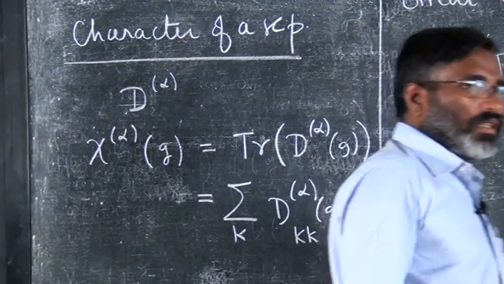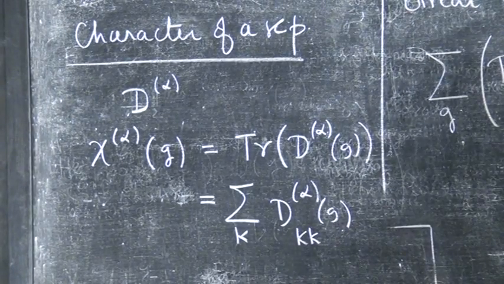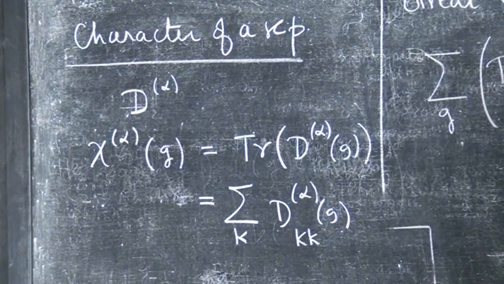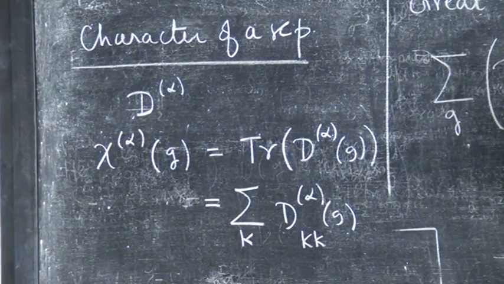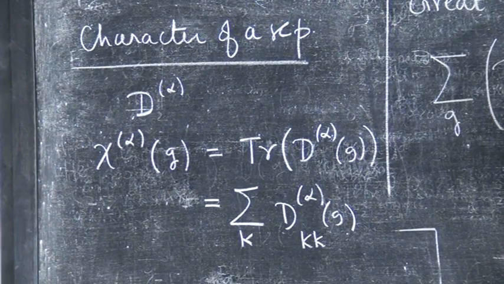Whatever representation matrix you have, we will take the trace. Trace is the sum of the diagonal elements. So this is defined as the character.